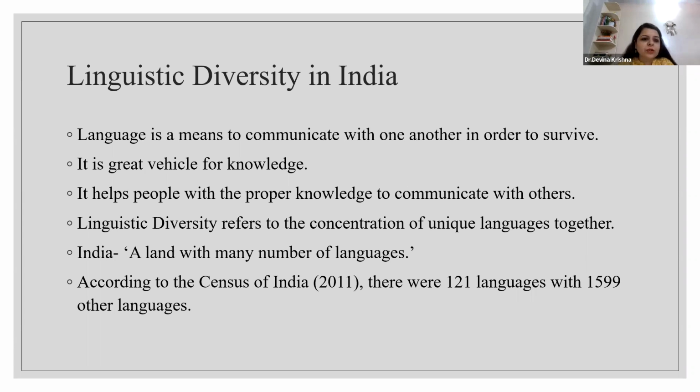Before I talk about linguistic diversity in India, I just want to say that Indian linguistic diversity has originated due to constant conflict, contact, and cohesion between migrants and locals. India represents almost 1369 mother tongues from various language families, according to the census 2011.